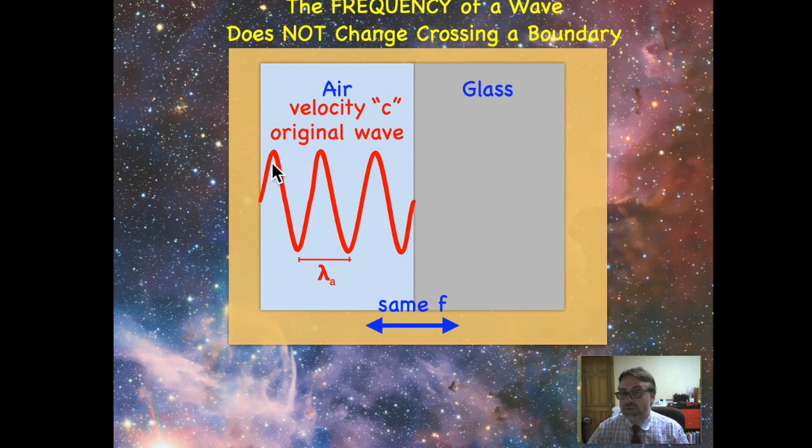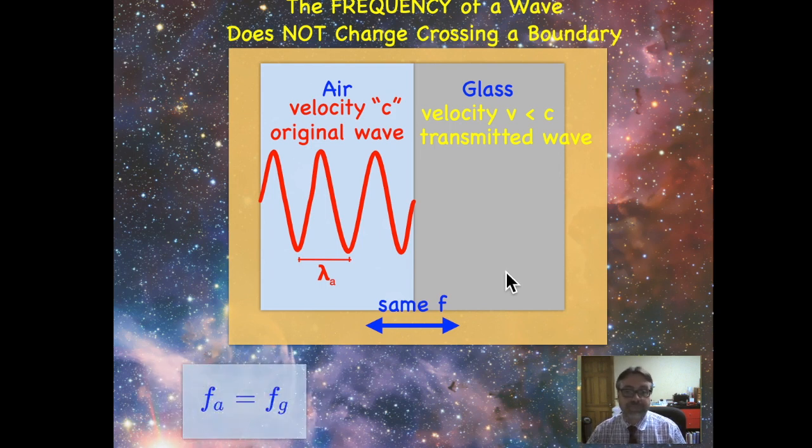Now, regardless of the type of boundary, the frequency, the count of how many waves are coming in per second, cannot change going from air to glass. So that has to stay the same. But I know that the electrons in the glass atoms are going to cause the speed of light to slow down, that the transmitted wave isn't going to be moving at c any longer.